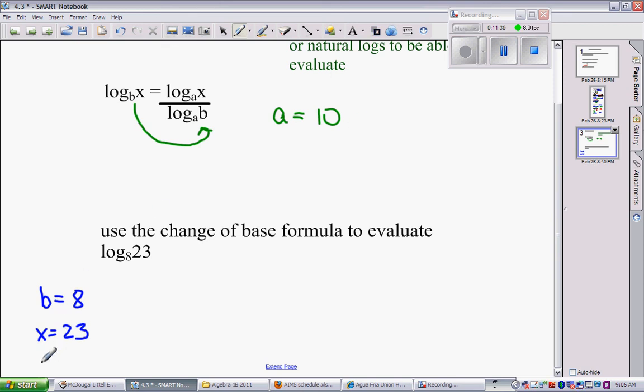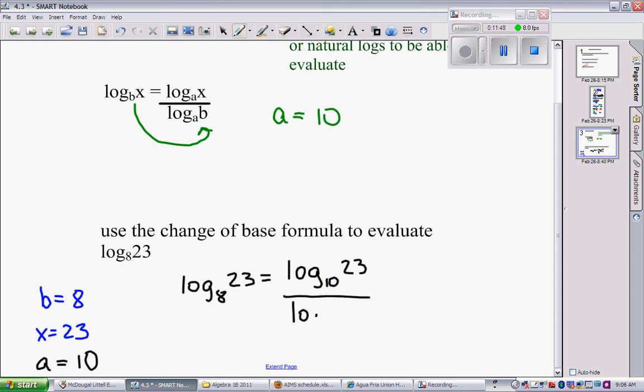And we want a to be 10, so we can evaluate. So log base 8 of 23 goes to log base 10 of 23 over log base 10 of 8.